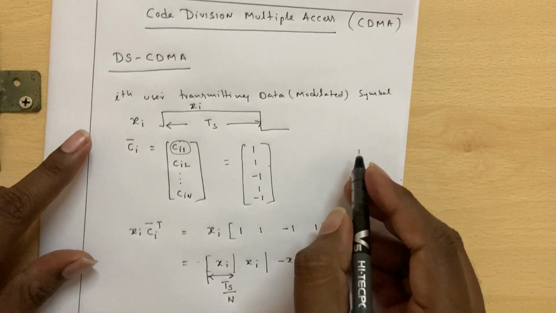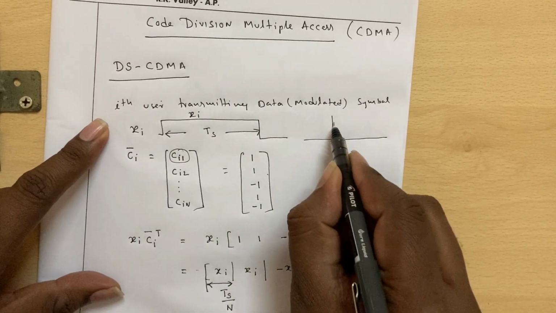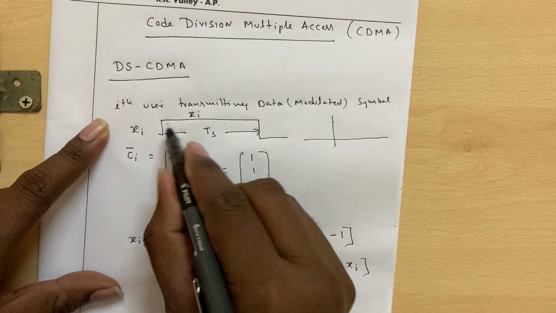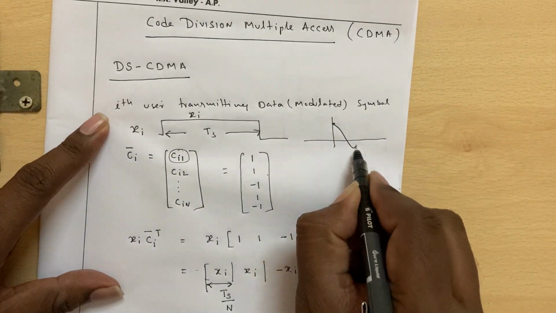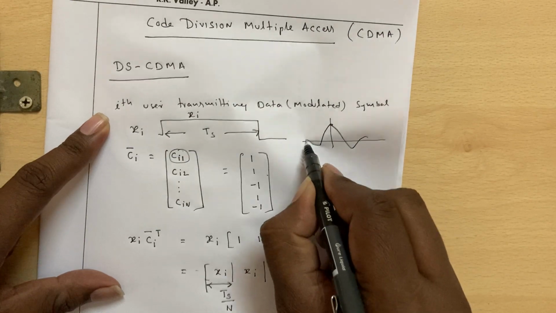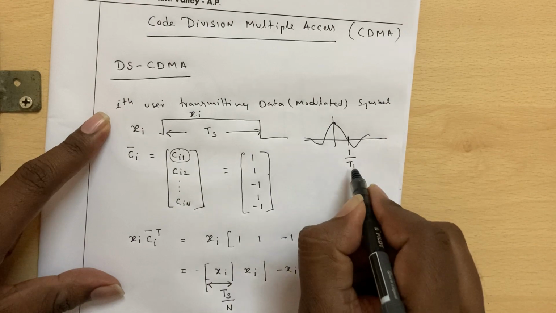Now, earlier the bandwidth was in baseband. If we suppose it is a rectangular pulse, then the spectrum of the baseband will be a sinc function having bandwidth of 1 by Ts.